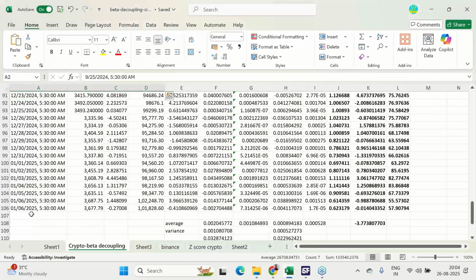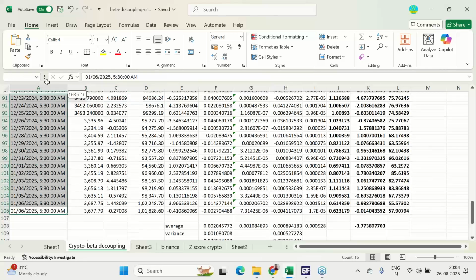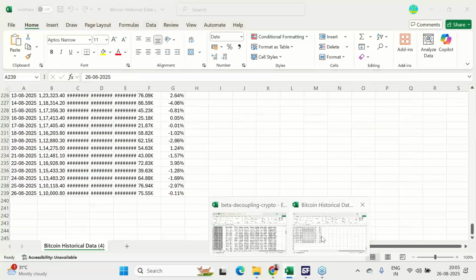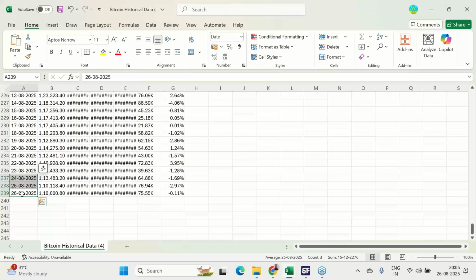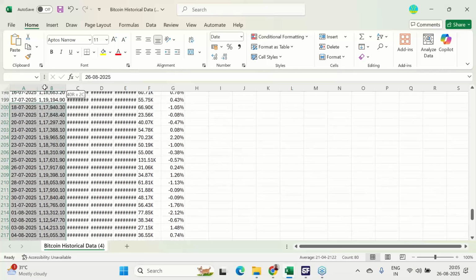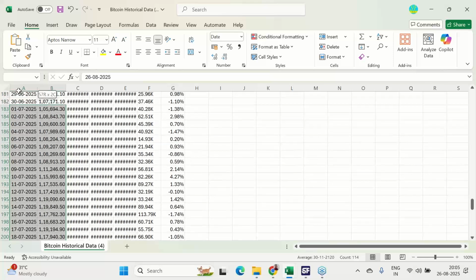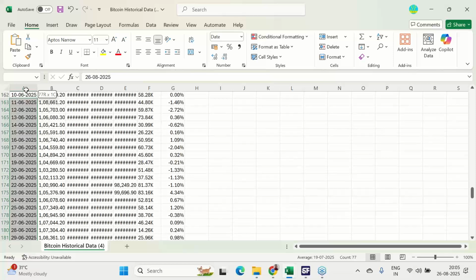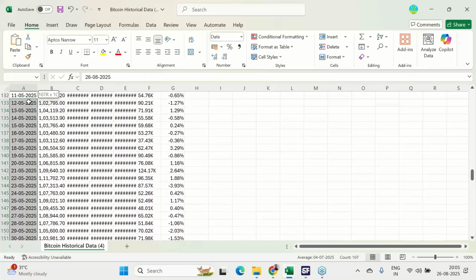I have 106 data points here, so the same 106 data points I'll take for Bitcoin too. Because we are going to use the same data points, 106, there will not be any conflict.